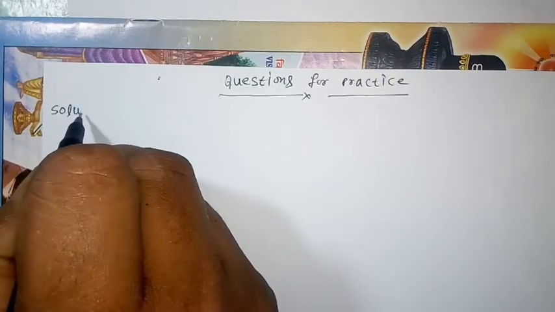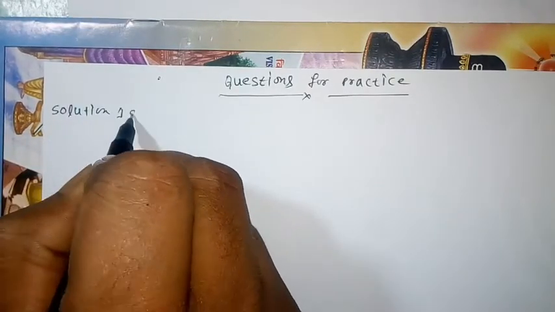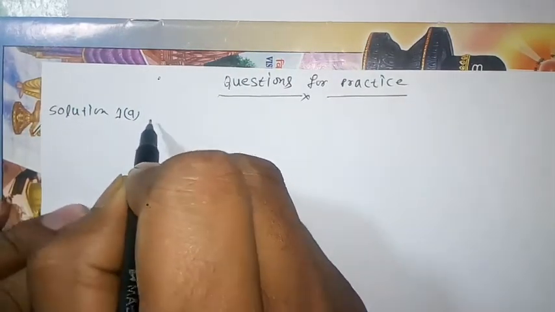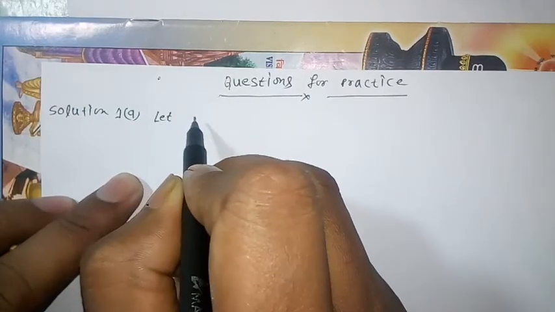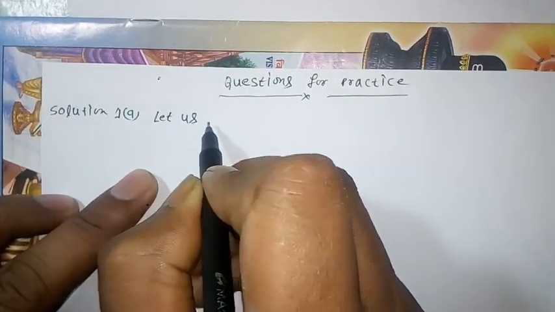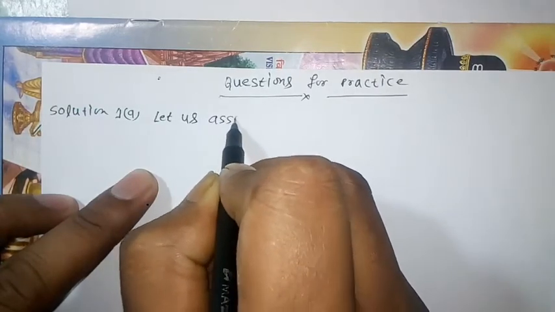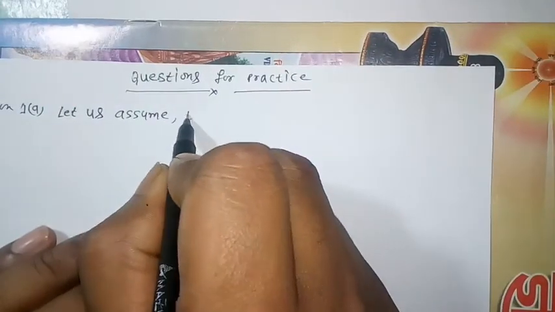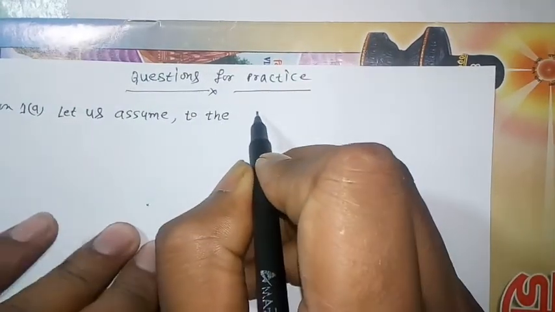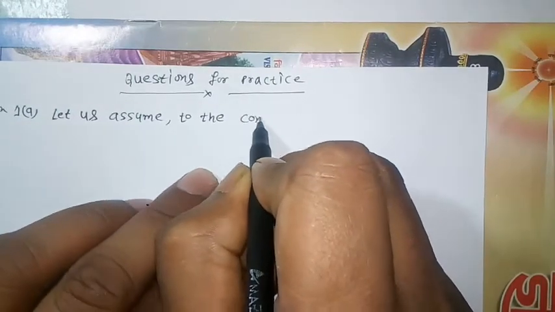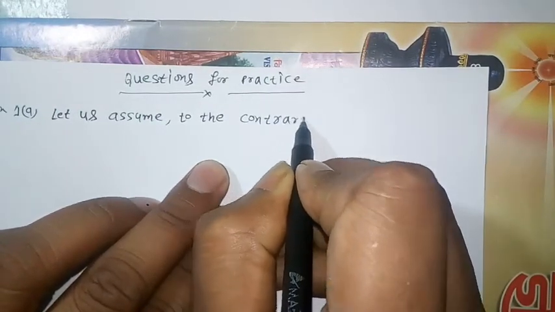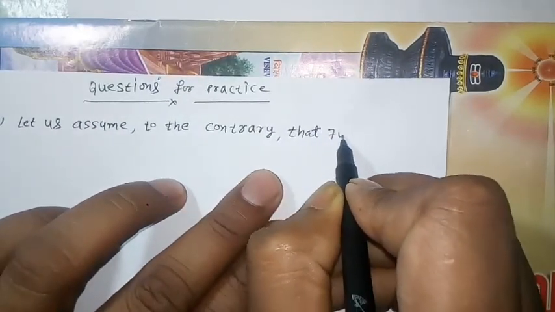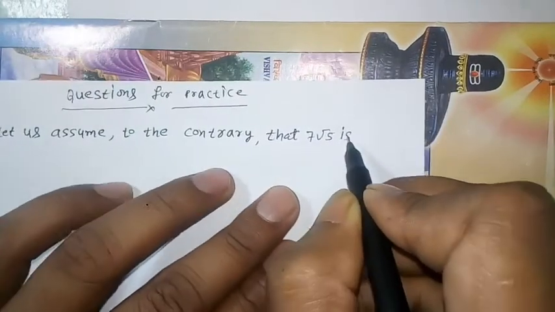The solution 1a. Let us assume to the contrary that 7 root 5 is rational.